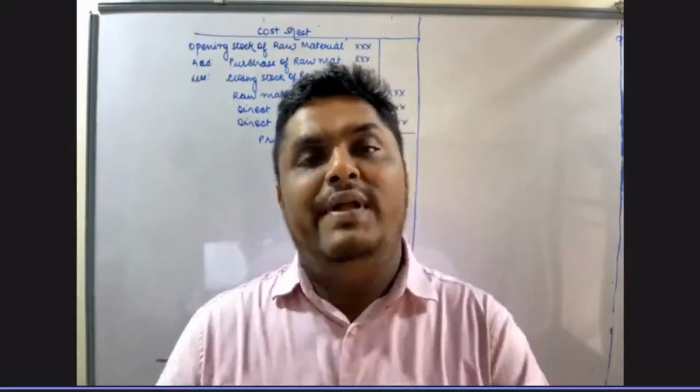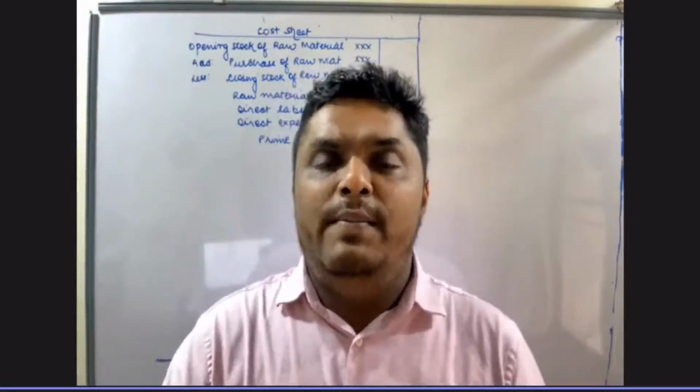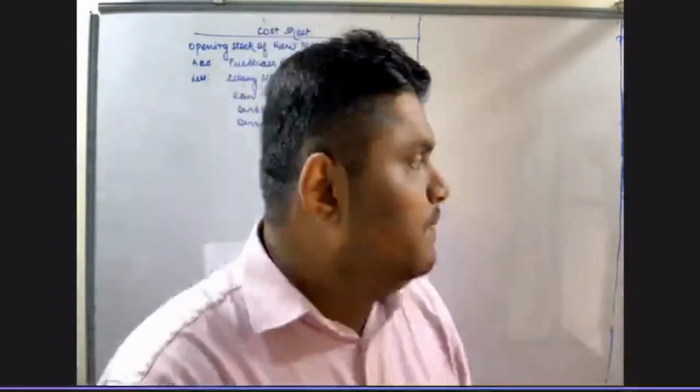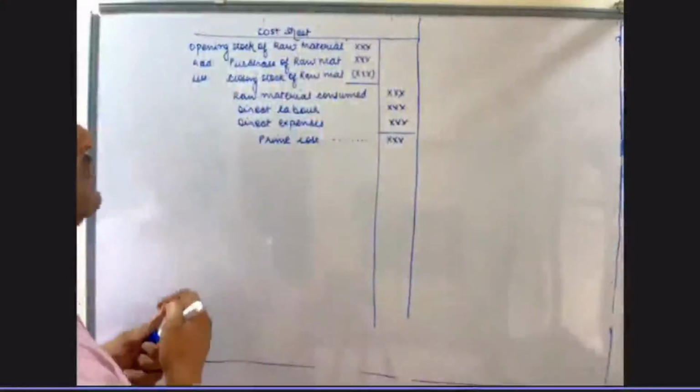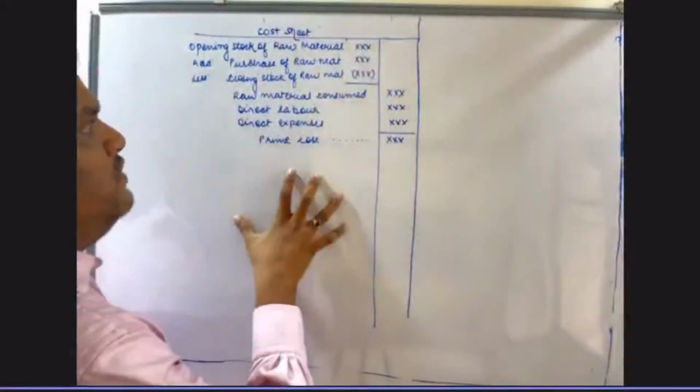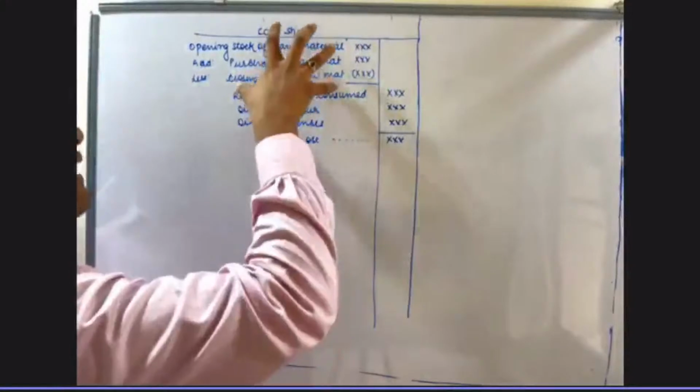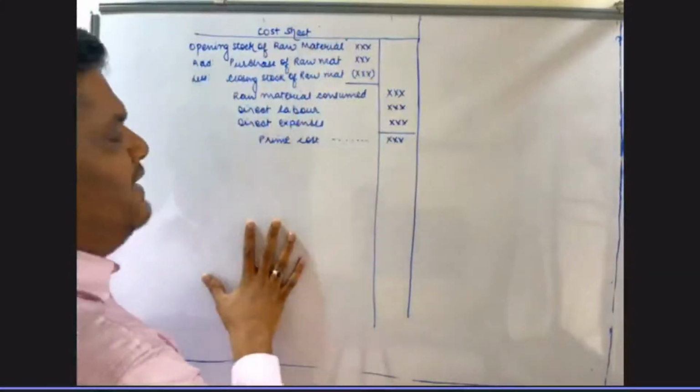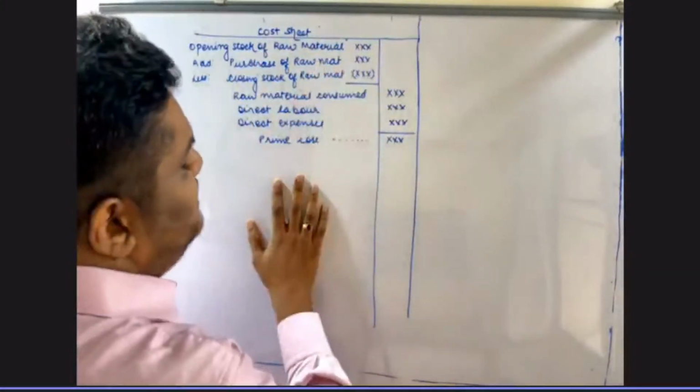Whatever allowance we pay to our labor or workforce will form part of direct labor cost. So this is all about direct cost, wherein we record the direct material, direct labor and direct expenses, and the total of these three will be the prime cost.